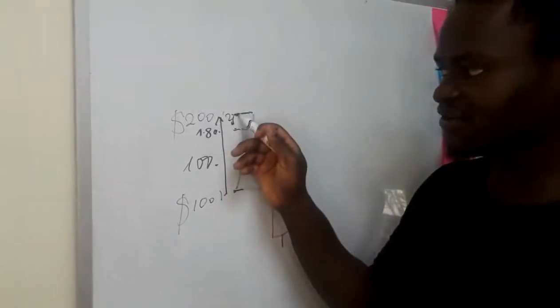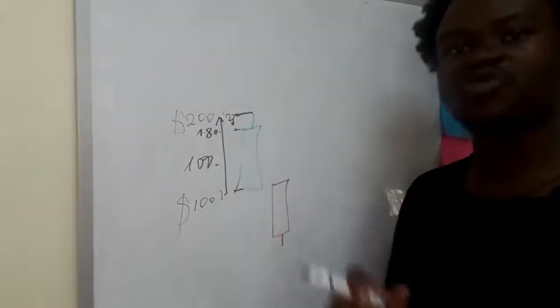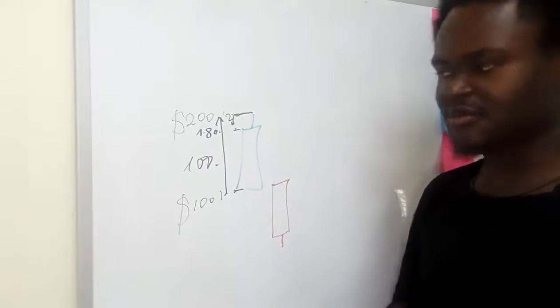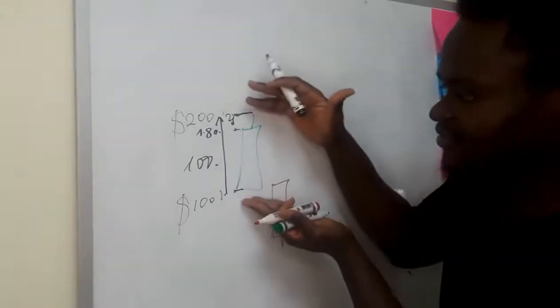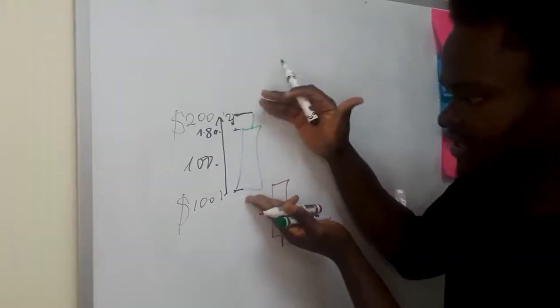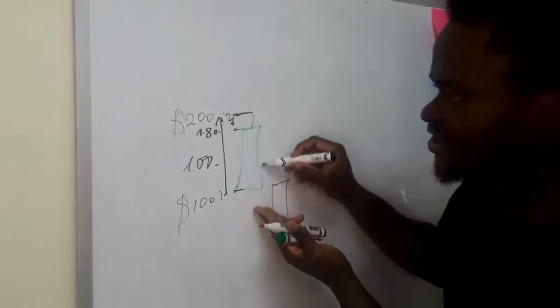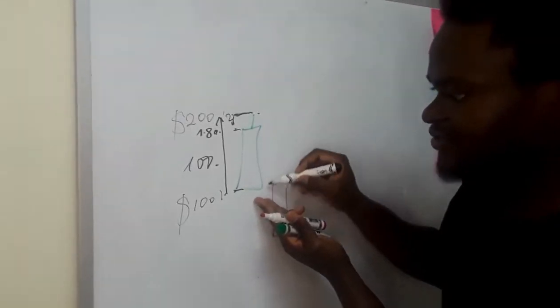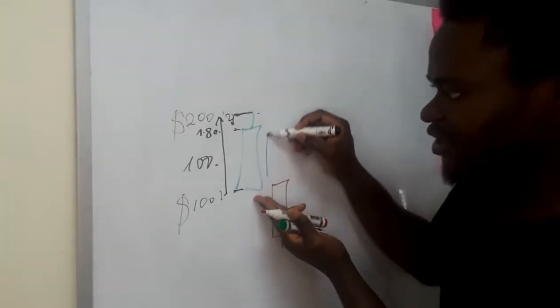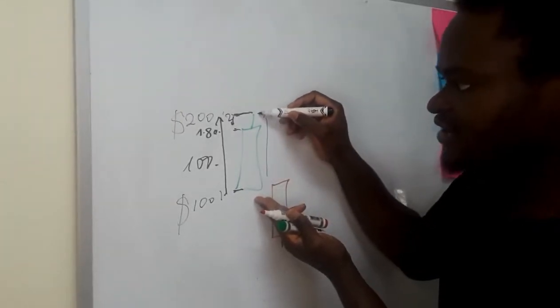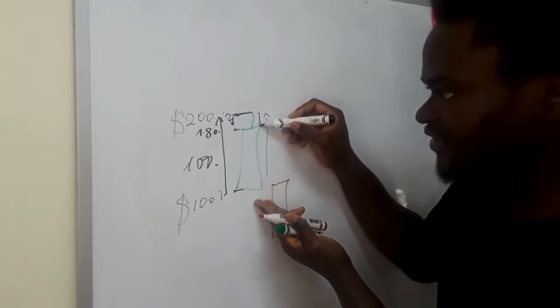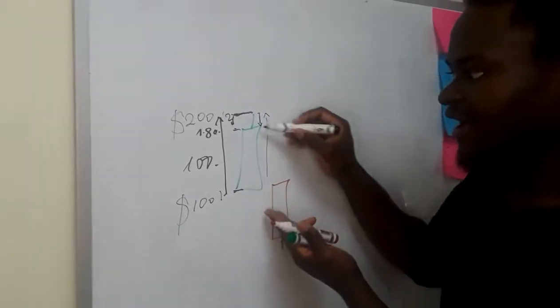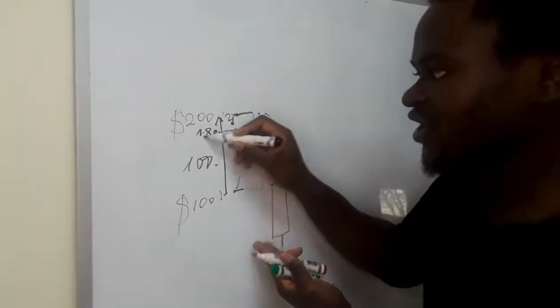And you that sold here, you would have made $1. Now, this candle indicates that the prices went up until here, and that is the buyers pushed the price up till here, and the sellers came in and they pushed the price down to here. And then this was the close of the market.